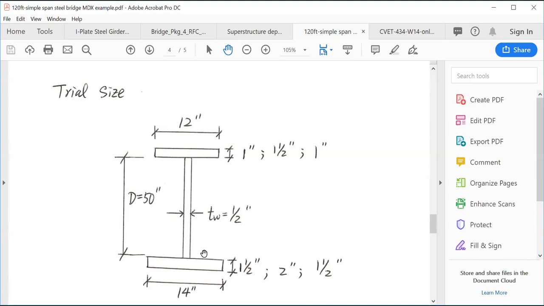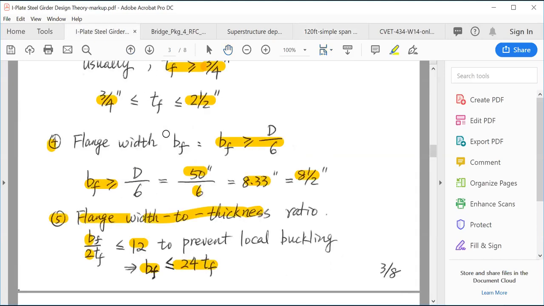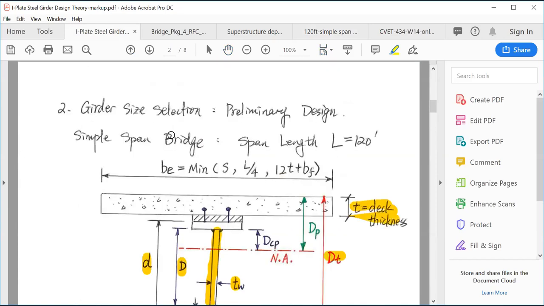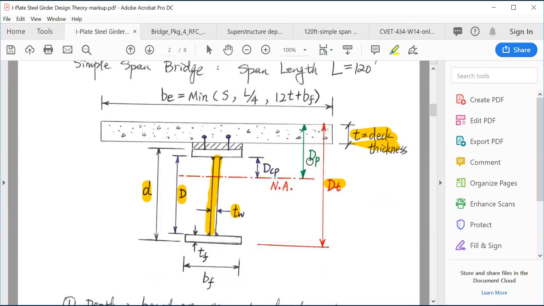So to start, you always try a bigger bottom flange than the top flange, because the I-plate girder is a composite girder, and the top flange is composite with the concrete deck.